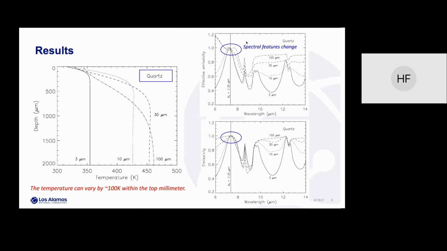The results for remote sensing are shown at right. These are emission spectra for quartz. The top includes the thermal gradient; the bottom does not. You see that the location and appearance of spectral features change, and this has an impact on interpretation in terms of composition. Next slide, please.